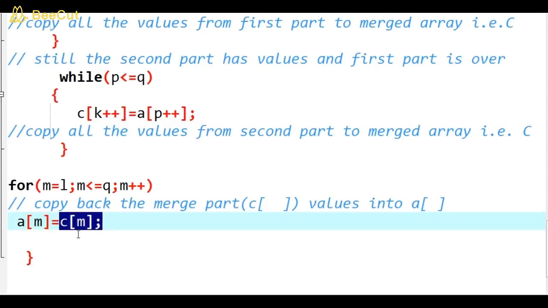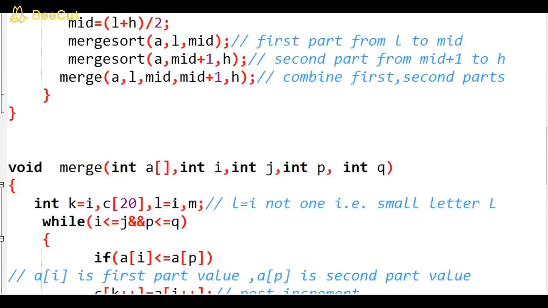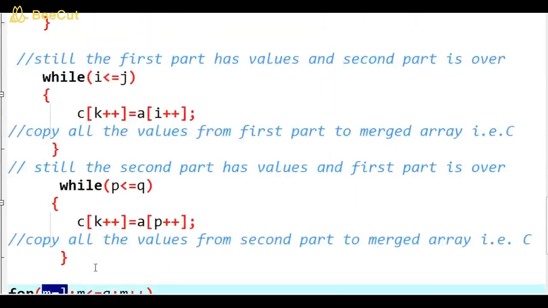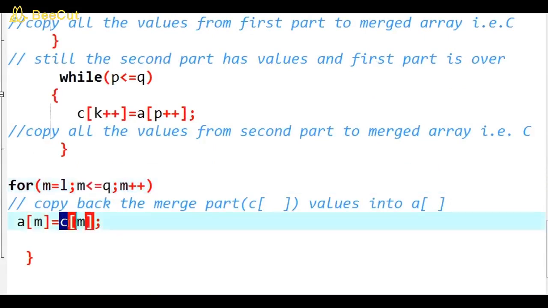So copy back the merged part values, that is the C array values, into array A. So M equal to L. What is the L value? As I told, L equal to I, that means M starts with I. M is less than or equal to Q, the ending index value of the merged part, M plus plus, A of M equal to C of M. First the right hand side will be executed, and the C of M value will be stored in A of M.